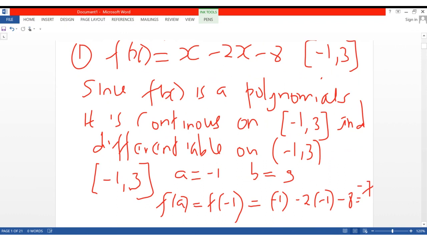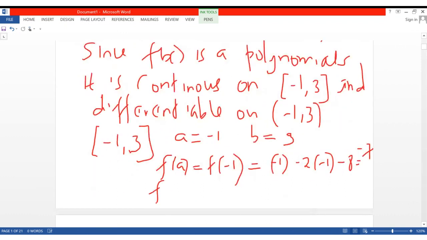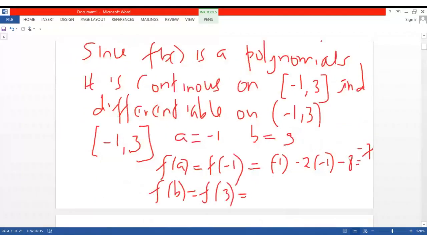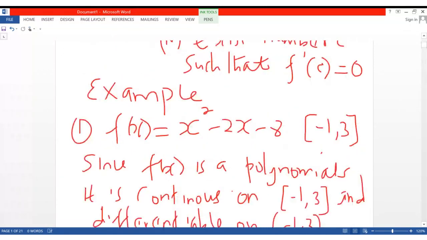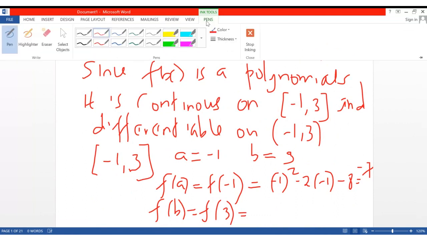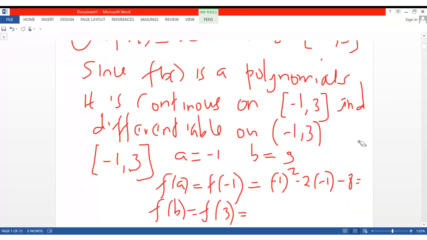Again, I'll do f of B, that is f of 3. I replace it in the function I've been given, x squared minus 2x minus 8. Have I done this one correctly? This one was supposed to be squared, so if that is squared, I'll get a different answer. That is 1 plus 2, that is 3, negative 5.